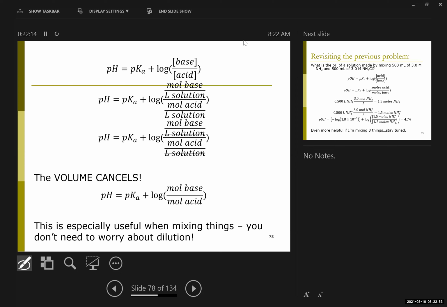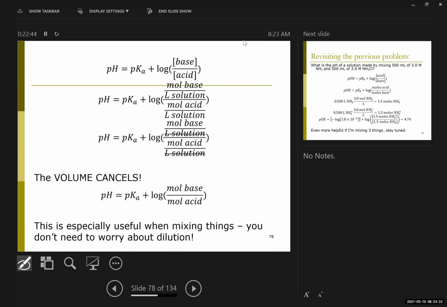And as I've been advertising, the next couple of weeks are mostly about mixing multiple acids and bases and ultimately multiple ionic solutions together. And with all this mixing going on, I have a dilution problem.